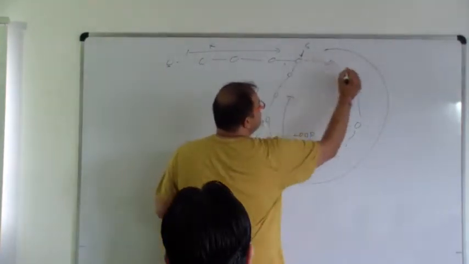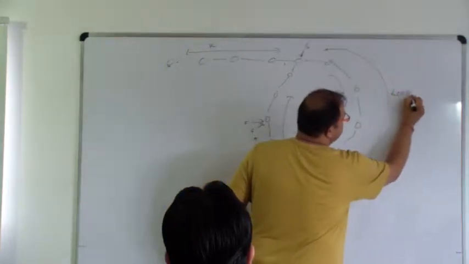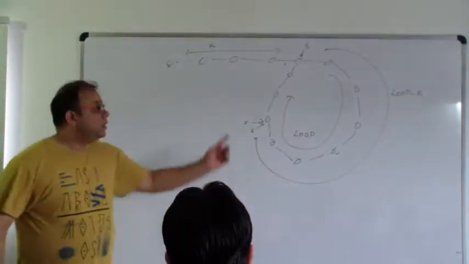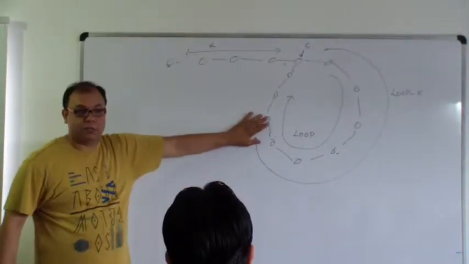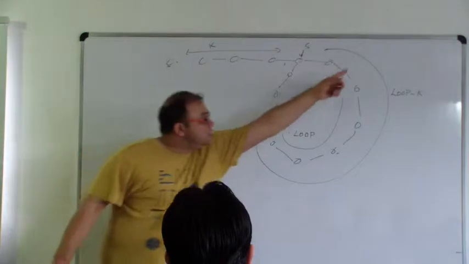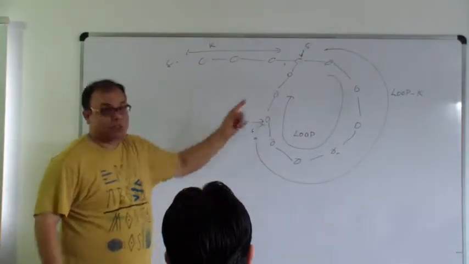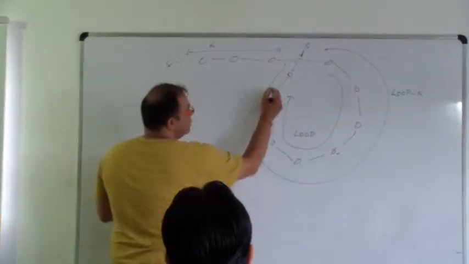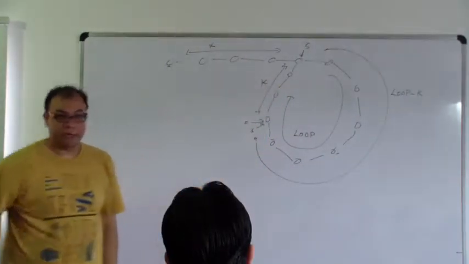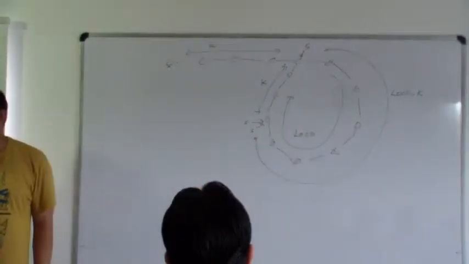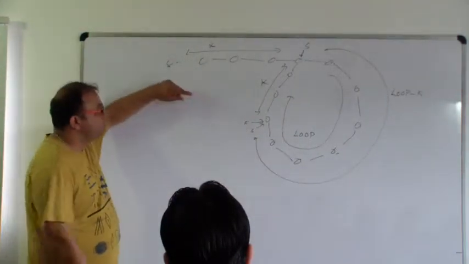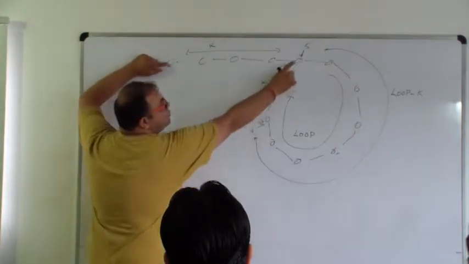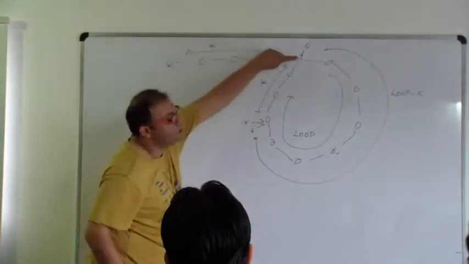So after loop minus k steps, both of them will meet. This is loop minus k, this entire thing is loop, so this part should be k. So the distance from here to here is k, distance from here to here is k.